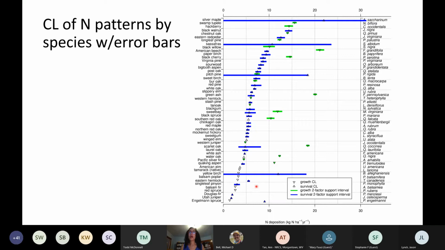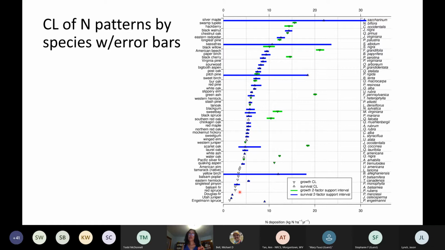So I just also want to highlight there's some that do not have any error bars associated with them. I guess I'll say most of the error bars are fairly small, as you can see. There are a few exceptions, but there's some that don't have any error bars at all. And those are because those were decreasing trends. So that means across the whole deposition range, the growth response or the survival response decreased.